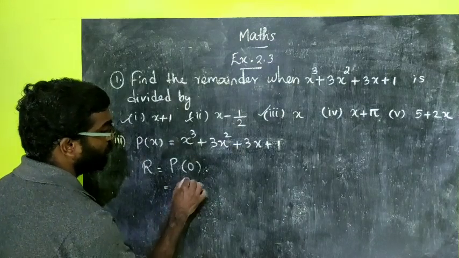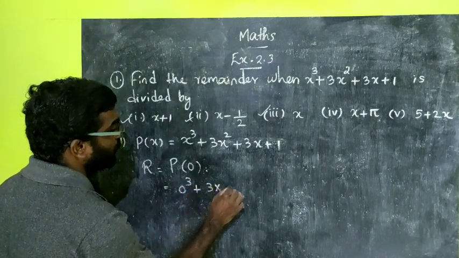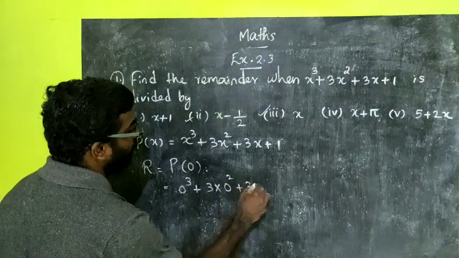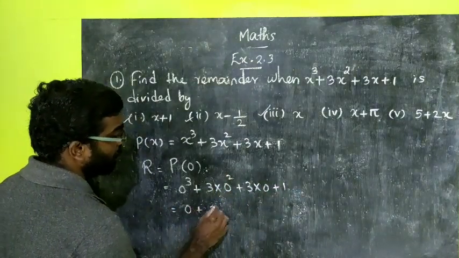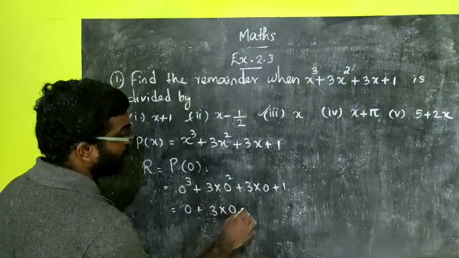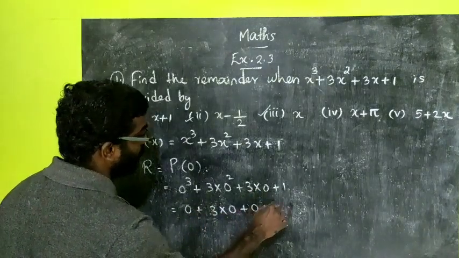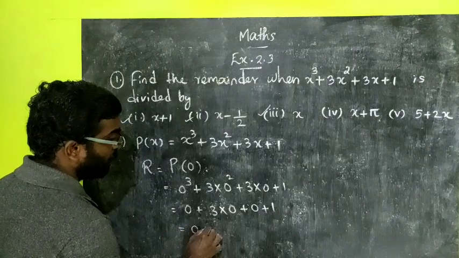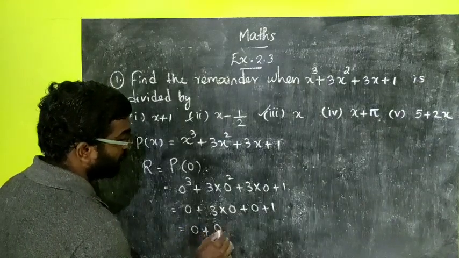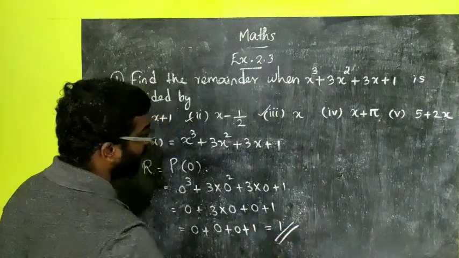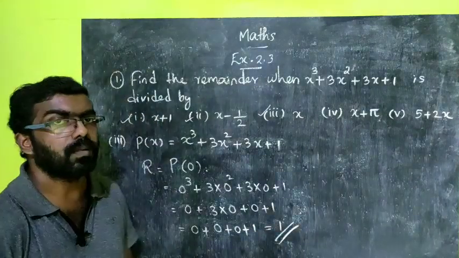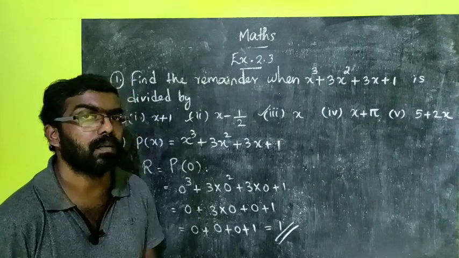You can replace the value: 0 cube plus 3 into 0 square, then plus 3 into 0, then plus 1. 0 cube is 0, 3 into 0 square is 0, 3 into 0 is 0, then plus 1. That is 0 plus 0 plus 0 plus 1, which is equal to 1. Clear? That means the remainder is 1. Okay.